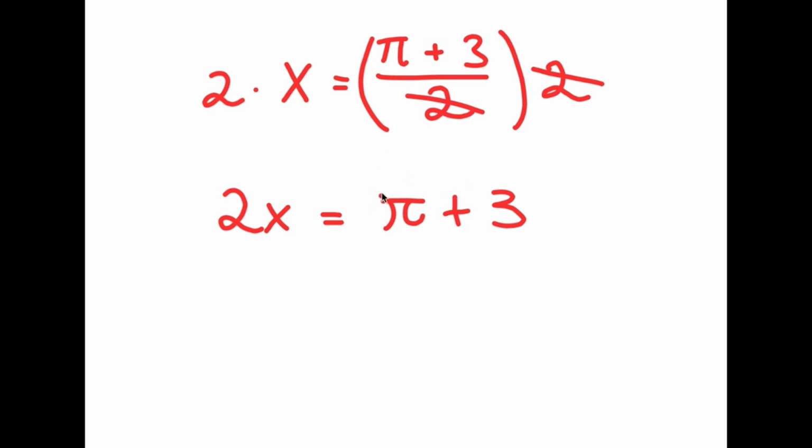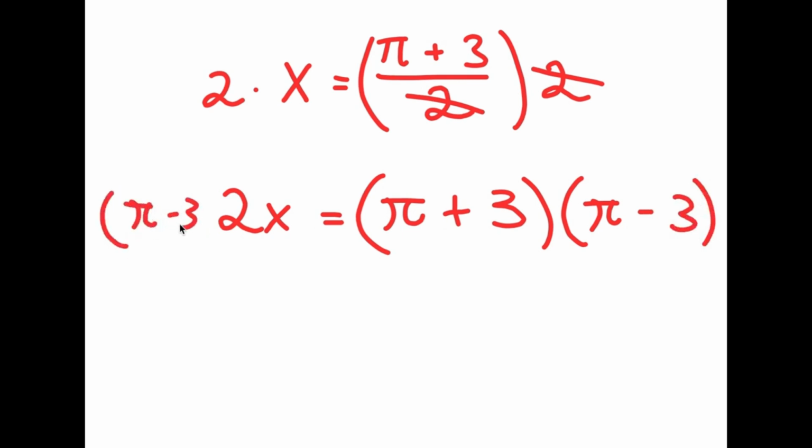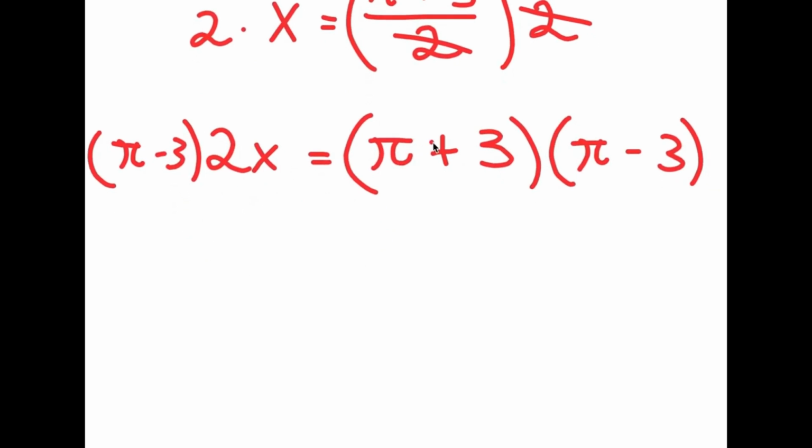And now, from here, I'm going to multiply both sides by pi minus 3. So I have (pi minus 3) times 2x is equal to (pi plus 3) times (pi minus 3).